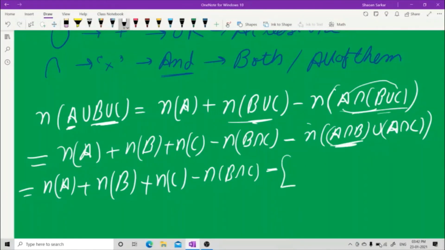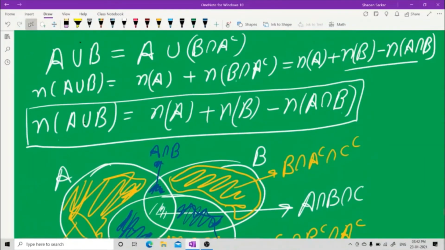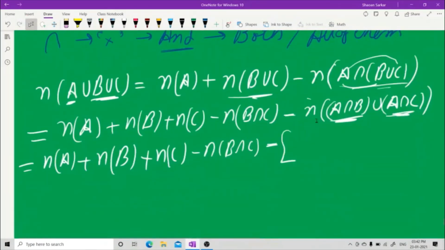This will behave like A and this will behave like B, and apply this formula again. One will behave like A, the other will behave like B, and then you will have this formula. See, this will be N(A intersection B) plus N(A intersection C).